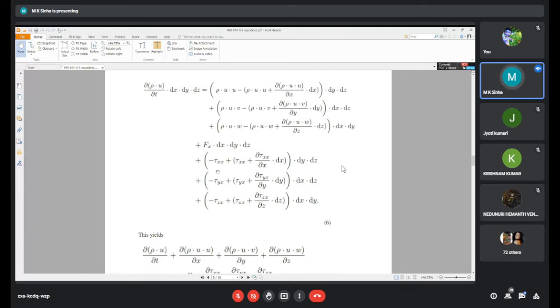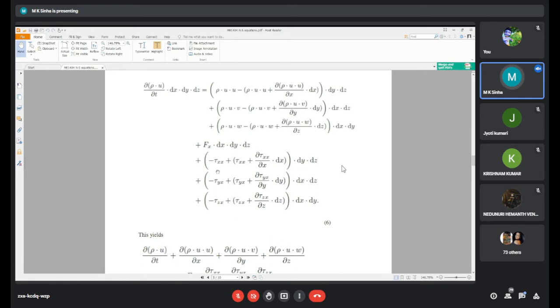Similarly, along the y direction, minus tau yx plus tau yx plus del/del y of tau yx into dy, through the area dx dz.